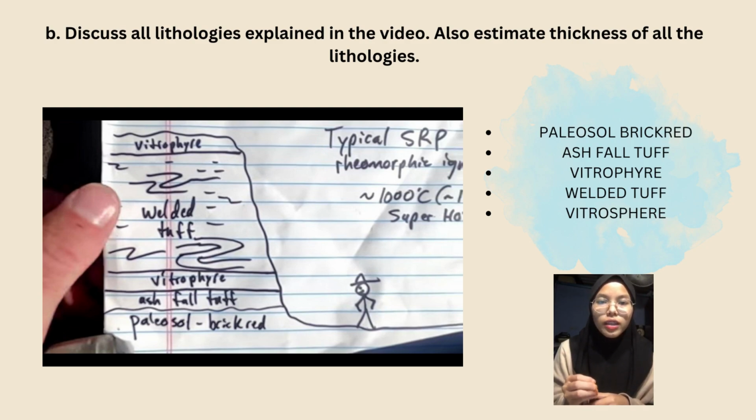It can be physically originating gas bubbles. It definitely has a fabric to it, a planar or nearly planar orientation, so it has a lot of layering. Lastly, the top of the vitrophyre: not all the time, but at times if we have a full section, we might see a little bit more of that glass layer where the top of the pyroclastic flow cooled in contact with the air.